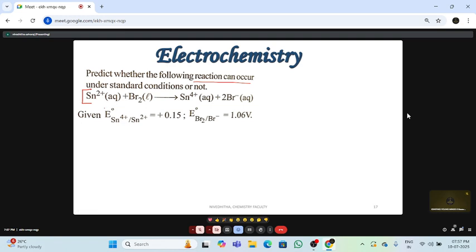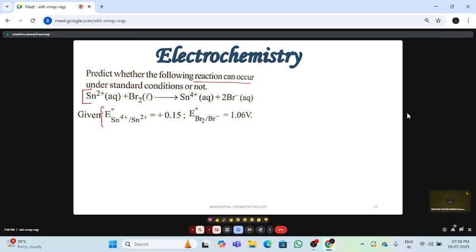Okay, but here the data is about E naught, that is the reduction potential of tin and reduction potential of bromine. So to find the feasibility or the spontaneity of the chemical reaction, either we have to find the value of delta G or the value of E cell. According to the data, we can find only the value of E naught cell, right?